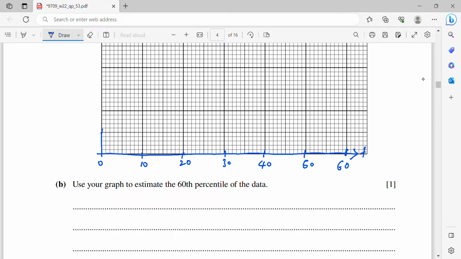Then here is the time taken, t in minutes. This is my 50.